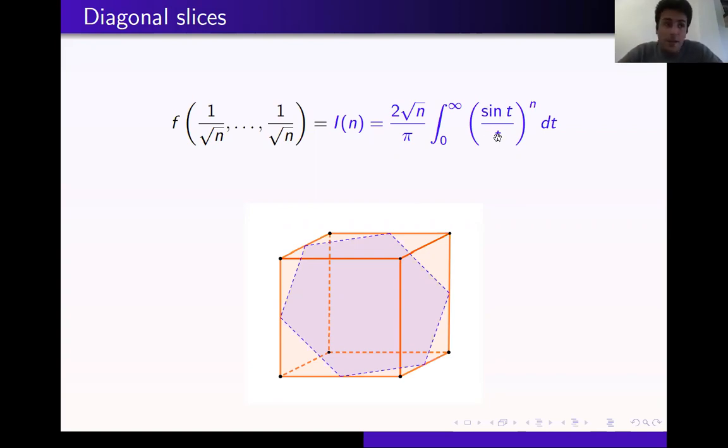But the first observation he made is the following, and it's very obvious. If n is an odd natural number, or n is an even natural number, the behavior somehow intuitively changes, because sine of t divided by t, when raised to an even power, always has positive values.